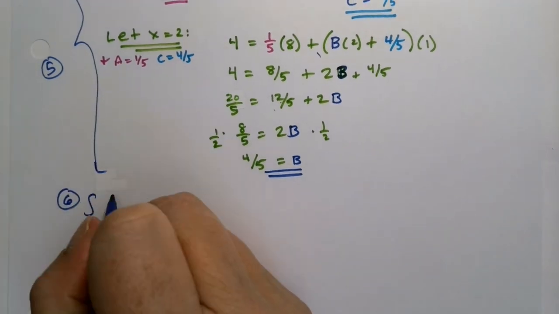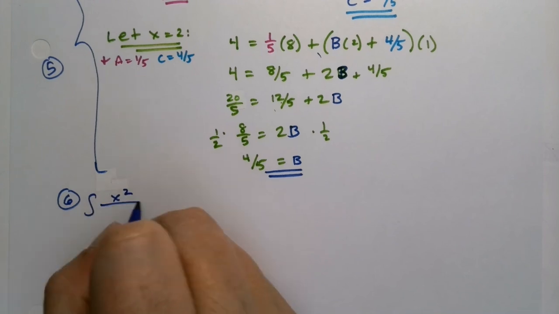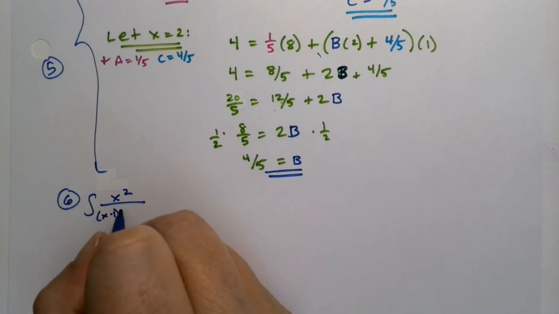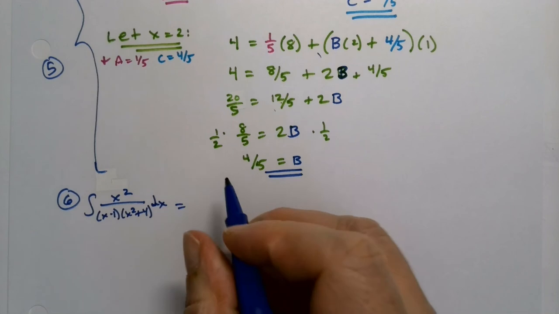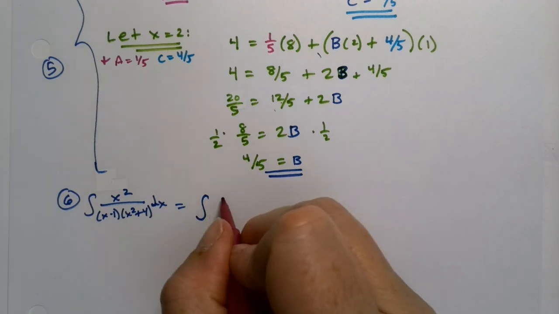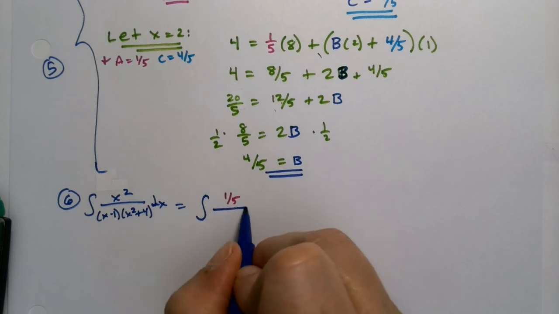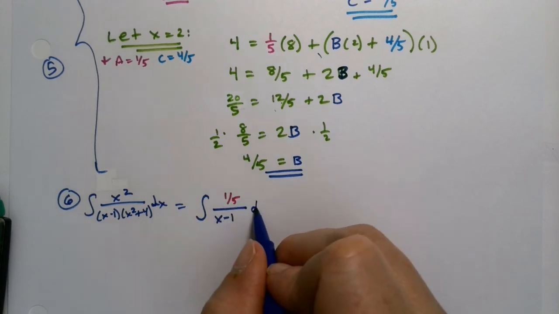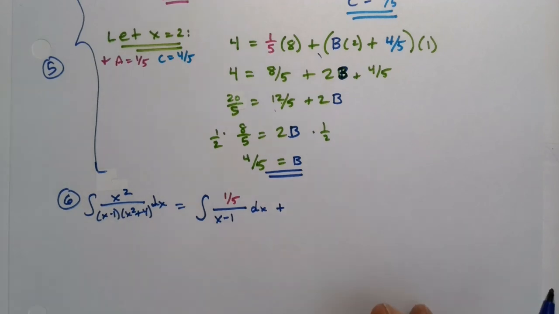Okay, the integral of x squared over x minus 1 times x squared plus 4 dx is equal to the integral of 1/5 over x minus 1 dx. I'm just going to separate this one because I can feel that I'm going to have to do a little bit more work here.